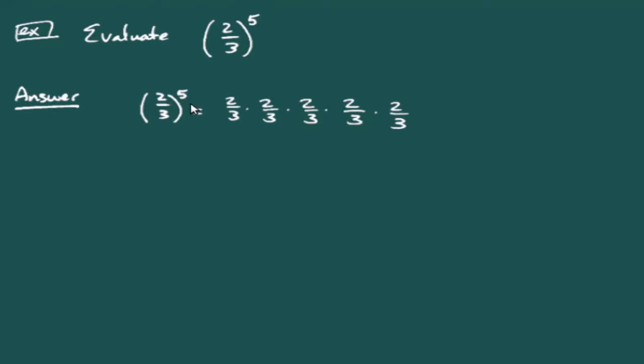And the 5, the exponent, tells us the number of times that we're going to multiply. So we're going to have 2/3 times 2/3 times 2/3 times 2/3 times 2/3. And if we count the number of times that we are multiplying, that gives us, sure enough, 1, 2, 3, 4, 5 times that we're multiplying 2/3.